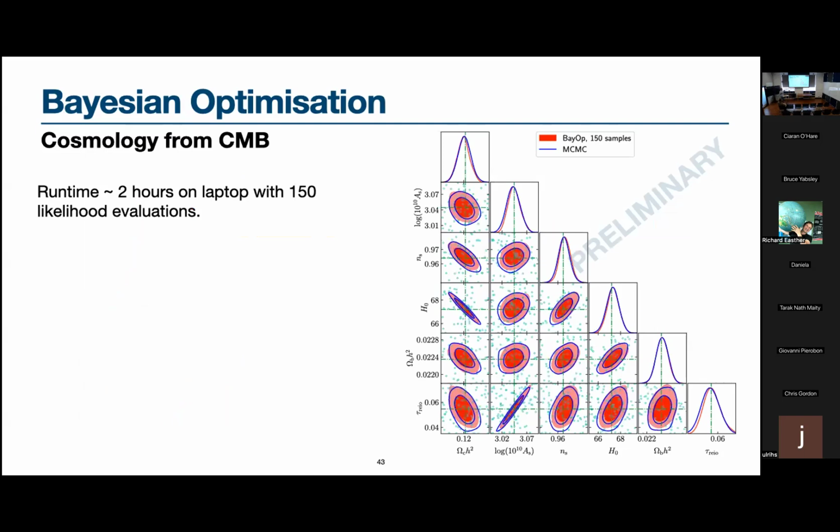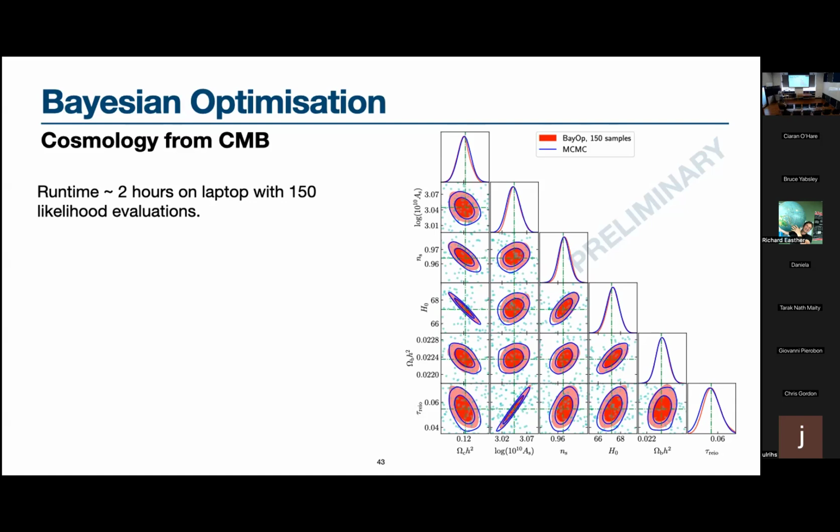Okay, but now we come to an example from cosmology, which shows the working of our algorithm quite well, I think. In this example, what we're trying to do is to infer lambda CDM parameters from CMB likelihoods. And we show that with about 150 samples, we are able to match the results of an MCMC on the same likelihood very well.